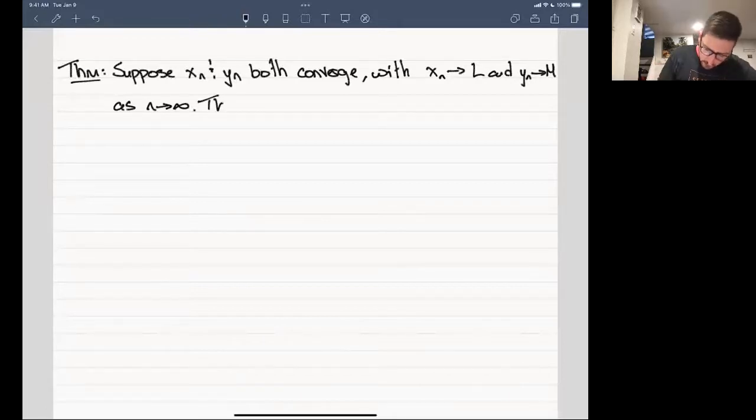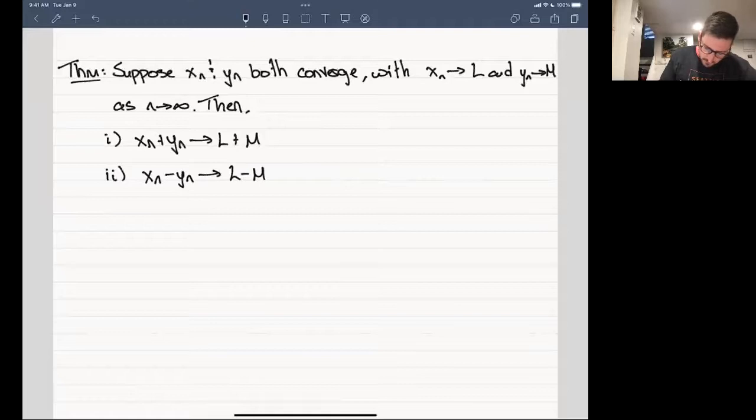Then we have the following. The first one is that xn plus yn converges to L plus M. And similarly, if we subtract these things, this goes to L minus M. Also, if we multiply them term-wise, this goes to L times M.